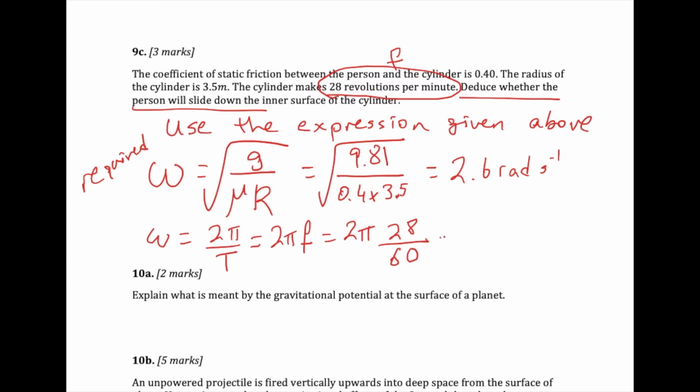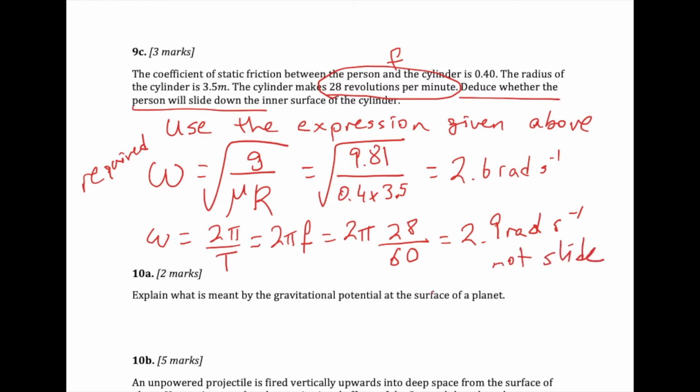I get 2.9 radians per second. So what I need is a minimum of 2.6 radians per second angular velocity, and the actual angular velocity for that frequency is 2.9, so the person does not slide.